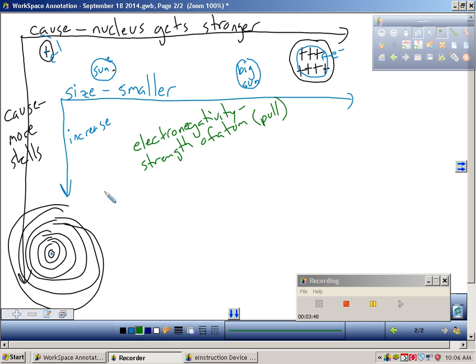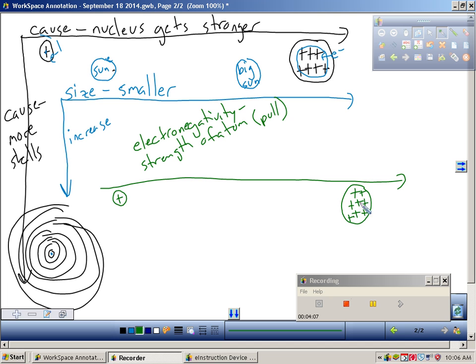Alright, so if I'm given, let's look at the trend going across. Again, if I have this atom with a small nucleus, and this atom with a bigger nucleus, which one's going to have the bigger pull on the electron?